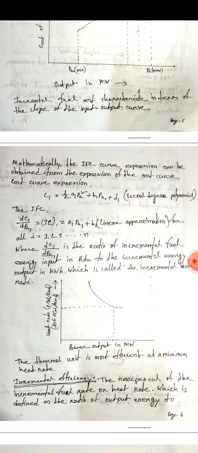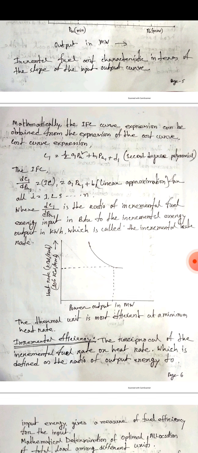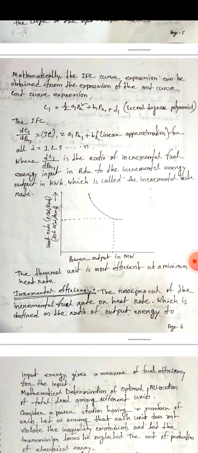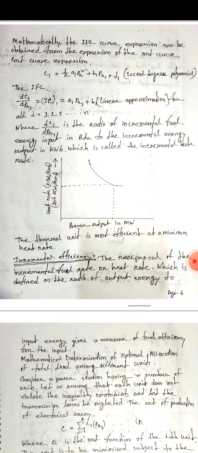Here dC1 divided by dPG1 is the ratio of incremental fuel energy input in BTU to incremental energy output in kilowatt hour, which is called incremental heat rate, the thermal unit of most efficiency at maximum heat rate.